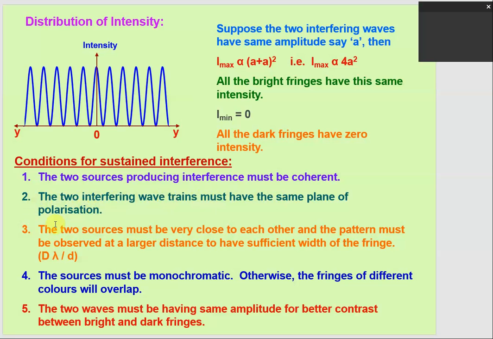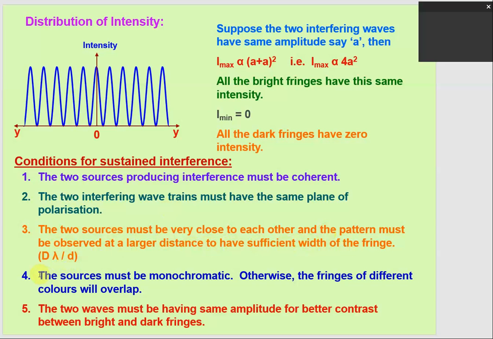The two sources must be very close to each other. They must not be at a large distance, otherwise we will not get the interference pattern. The pattern must be observed at a larger distance to have sufficient fringe width. That means the distance of the screen from the slits should be large. Only then will the fringes be clearly visible. So this is another condition.